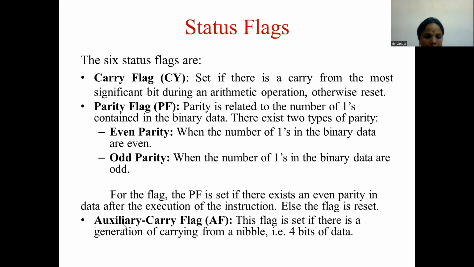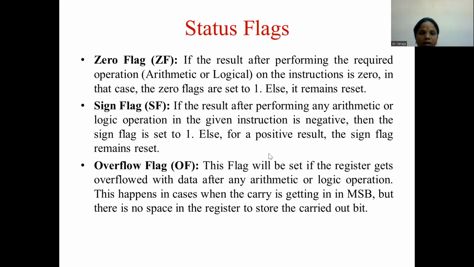Next, the third flag is the auxiliary carry flag. This flag is set if there is a carry generated from a nibble, that is, the lower 4 bits of data. The next flag is the zero flag.